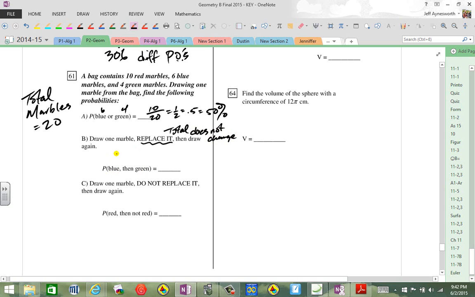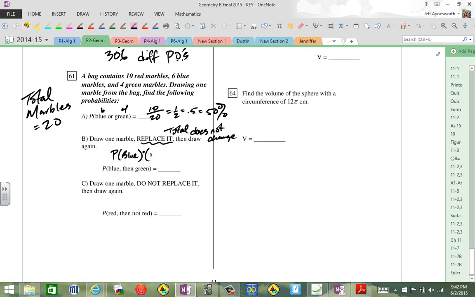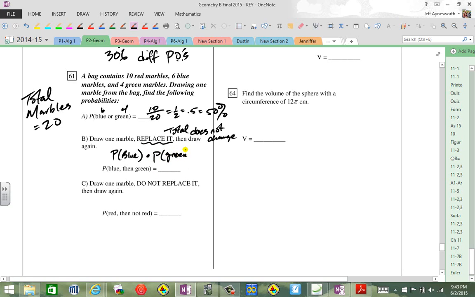Well, we want to take the probability of the blue one, multiply it times the probability of getting a green. Probability of blue, there's 6 blue out of 20, times probability of green, and there's 4 of them out of 20 again because we replaced the marble. We didn't keep it out. If we took it out and we didn't replace it, I would change it from 20 to 19.